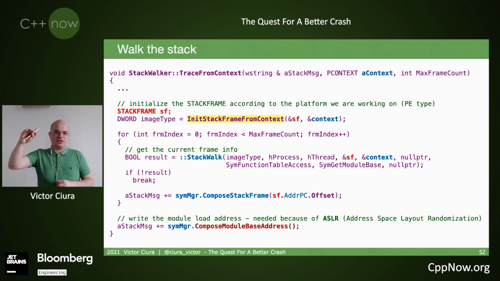So, for example, a function has a particular offset, and it's absolute. So you need to see how to translate this address relative to this randomized base address of the module that you're dealing with. A way to do this is to capture the module base address.